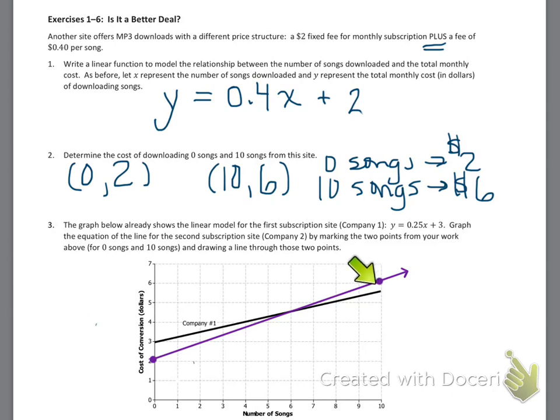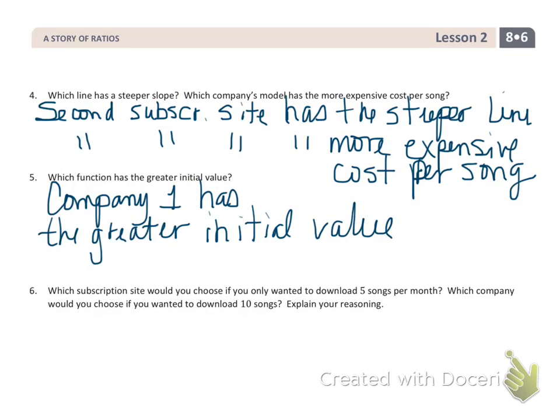So they're both increasing functions, but the purple one for company 2 increases faster. And we could say that it looks like right around in here, it's about 6 songs. We definitely want to go with company 1 because of their lesser rate of change. Okay, so something to that extent would explain your reasoning.